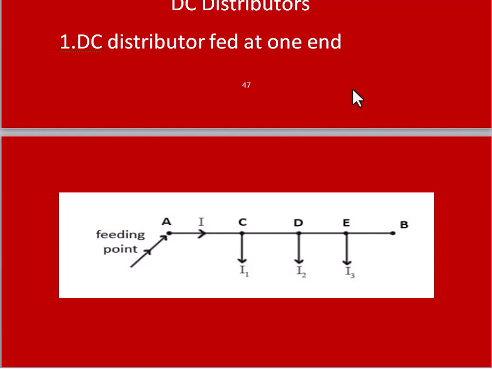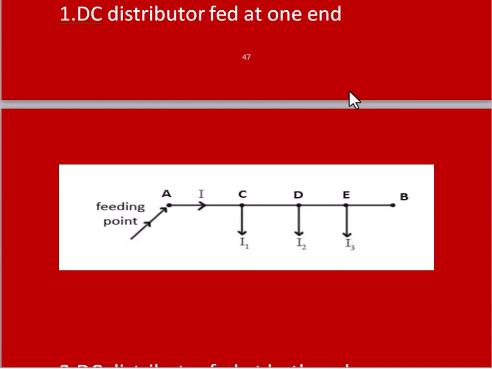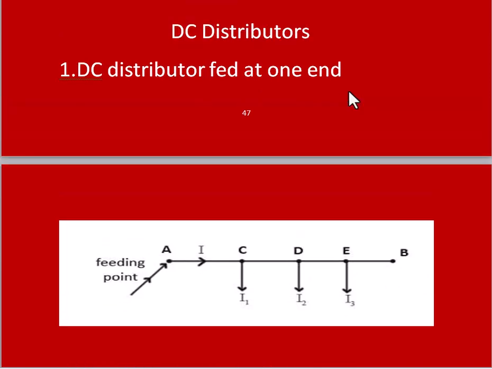One is when the DC distributor is fed at one end, how to find the various parameters in the circuit in the distributor. Similarly, the other problem is when the DC distributor is fed at both the ends, and we have seen where the minimum voltage point will occur, and also we have seen in various sections the currents flowing and also the resistance of various sections.